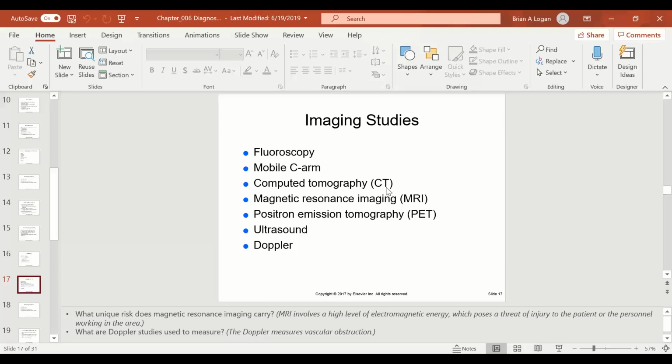CT scanners, MRIs, these are all looking internal. What the CT scan and the MRI do, as they scan your body, is take little cross sections from the top of your head all the way down, taking little picture slices each of the way, and then they compile it all together.